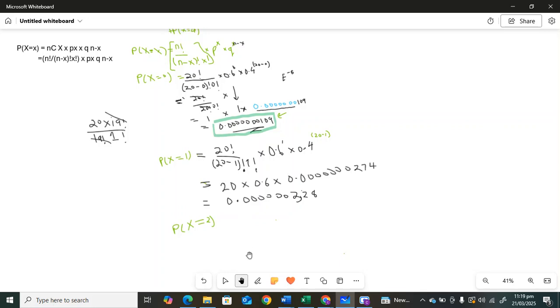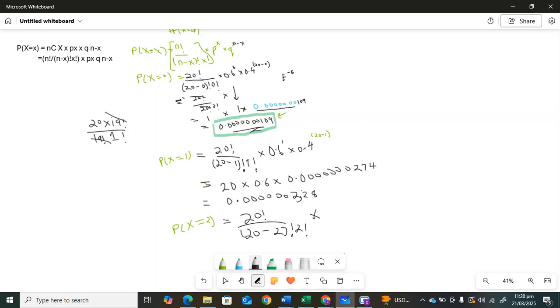N factorial always going to be 20. 20 factorial divided by n, which is 20, minus x. X is, in this case, 2. So 20 minus 2 factorial. Then we have a 2 factorial here, this last x factorial.